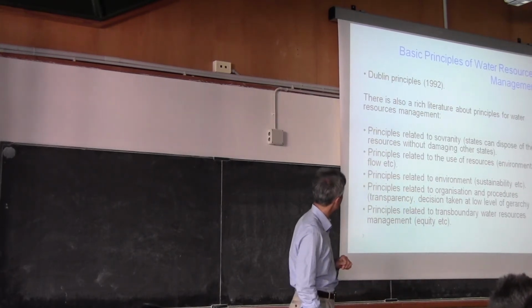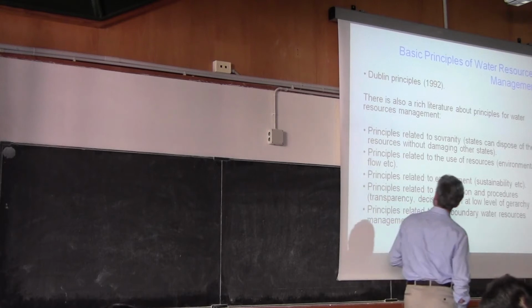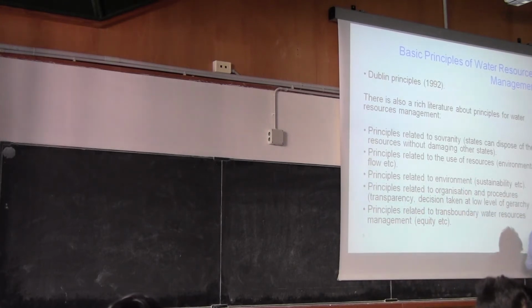And also there are other principles, more technical, more practical for water resources management. And I just want to provide you some examples, and you can find a lot of examples on the web, and I think these are particularly significant.